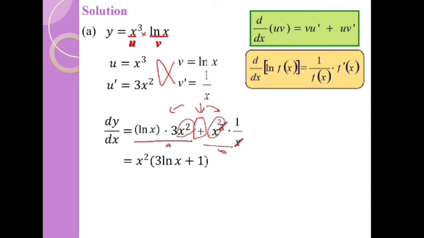And for this question, you can factorize x squared because there's x squared from the left and right side of the plus sign. So what's left is just 3 ln x on the left plus 1 from the right side. And that will be your simplified answer.